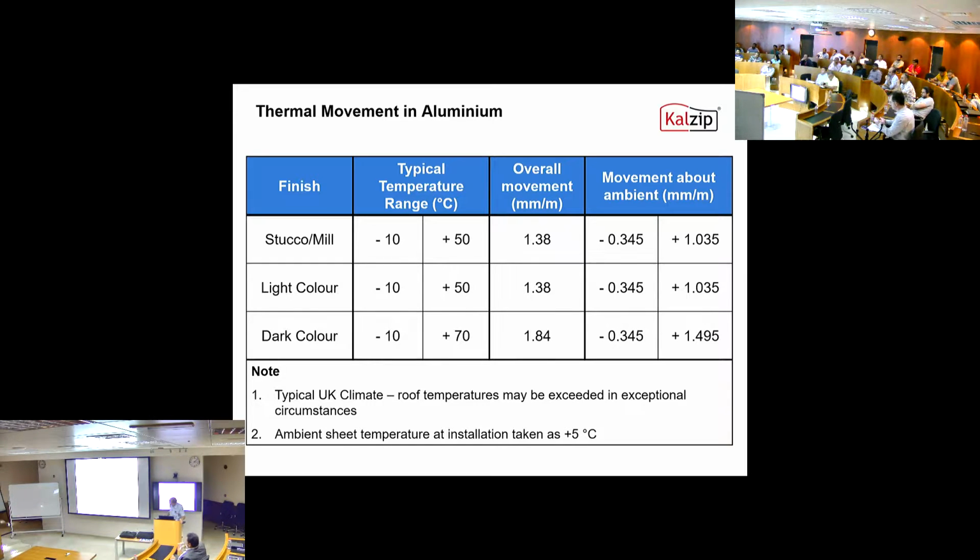Different colour options: stucco, mill finish aluminium, light coloured aluminium, dark coloured aluminium. This is the sort of temperature range you come across, and this is the sort of movement you expect in millimetres per metre. For dark colours, you're looking at 2 millimetres per metre of movement.